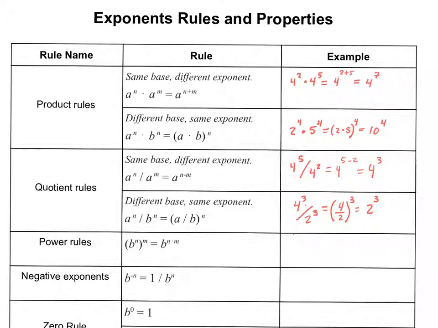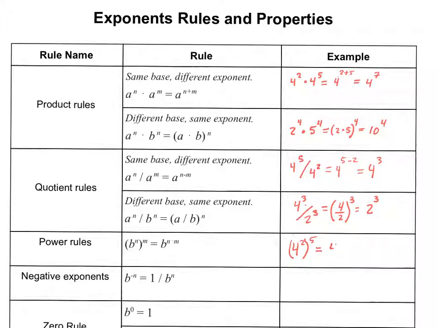For example, if you have 4 to the second power to the fifth power, then what you need to do here is multiply the exponent so we keep the same base.